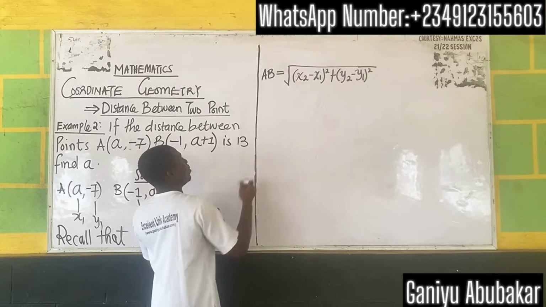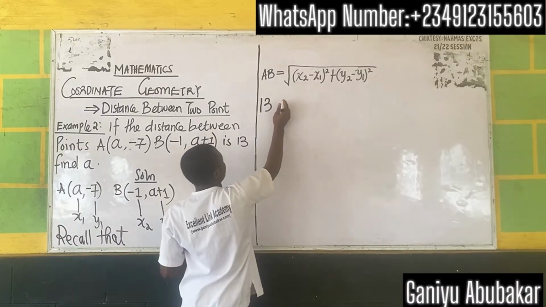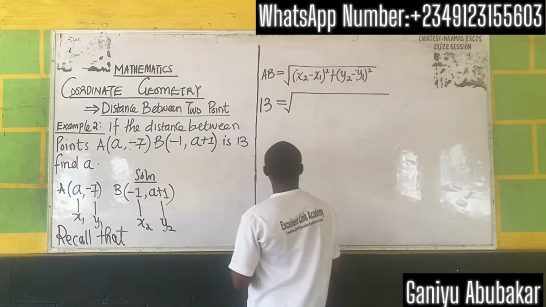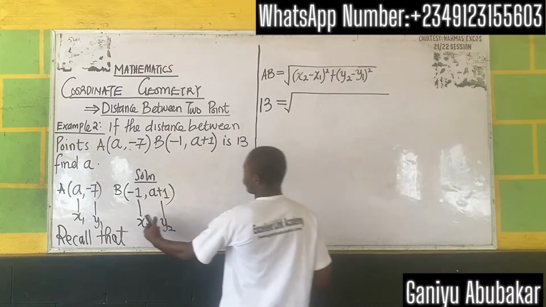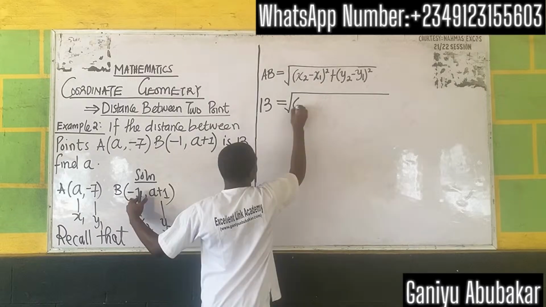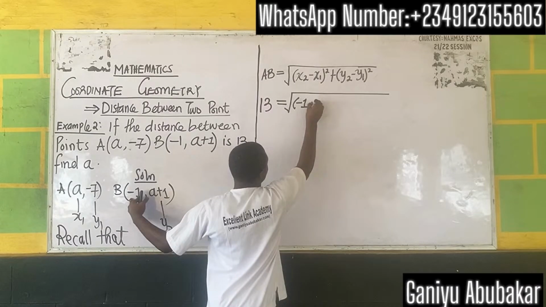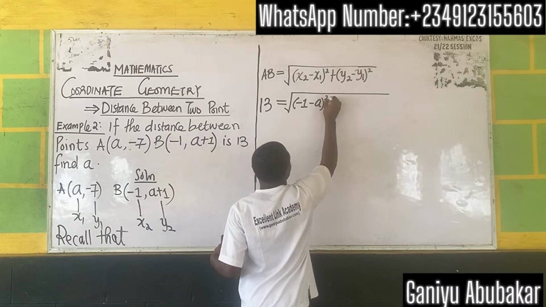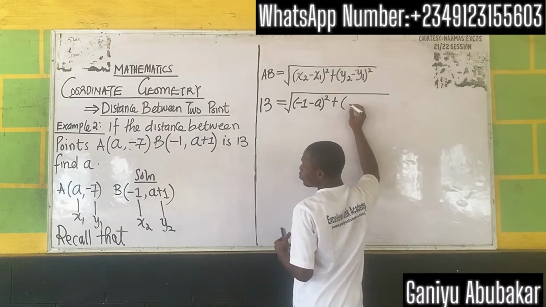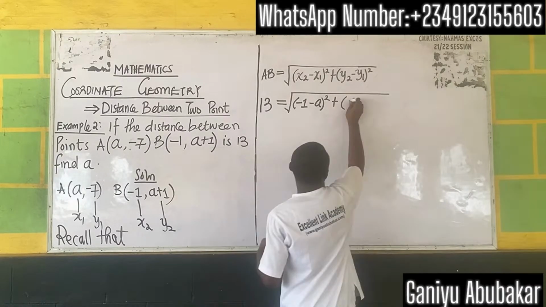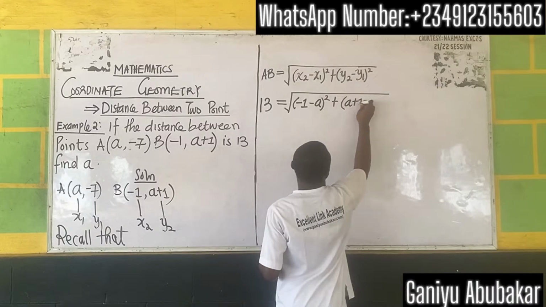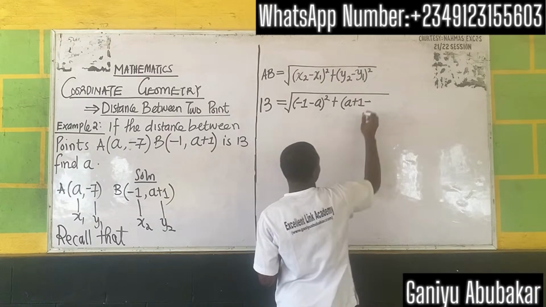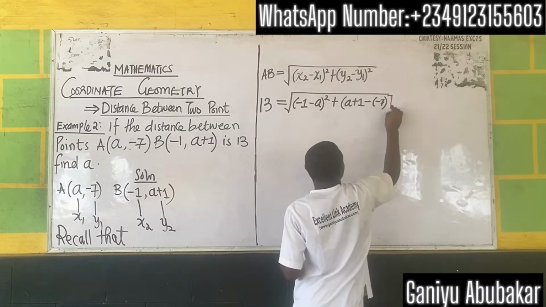So AB is 13 here, equal to the square root of x2 minus x1. x2 is negative 1, so that's minus 1 minus x1, and x1 is of course A, all squared, plus y2 minus y1. y2 is A plus 1, so that's A plus 1 minus y1, which is negative 7, so minus minus 7, all squared.